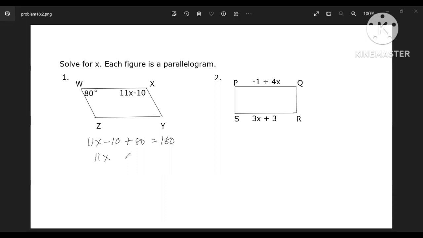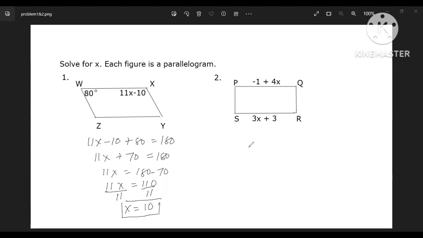Combining like terms, you have 80 minus 10 is plus 70, equals 180. Transposing 70 to the other side, we have 180 minus 70. Therefore, 11x is equal to 110. Divide both sides by 11, you get x is equal to 10. Di ba?